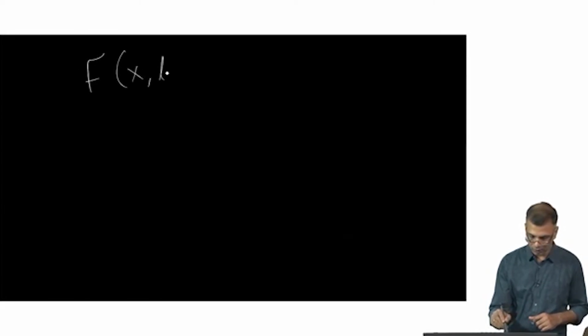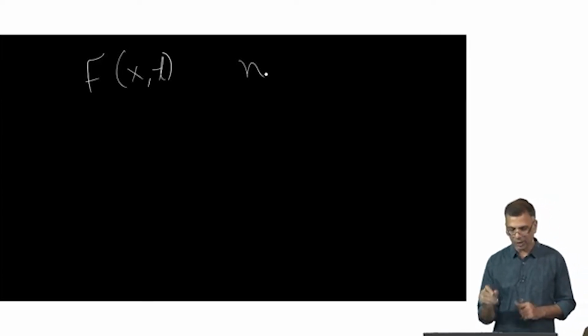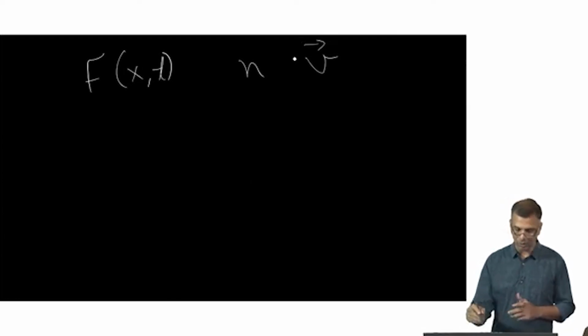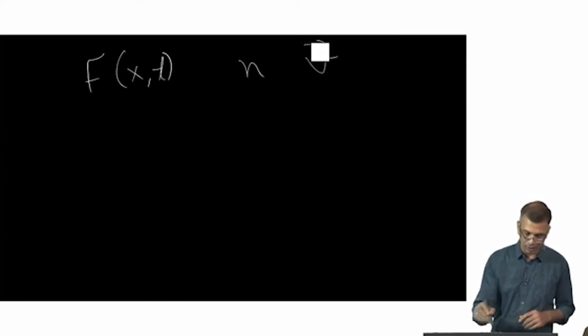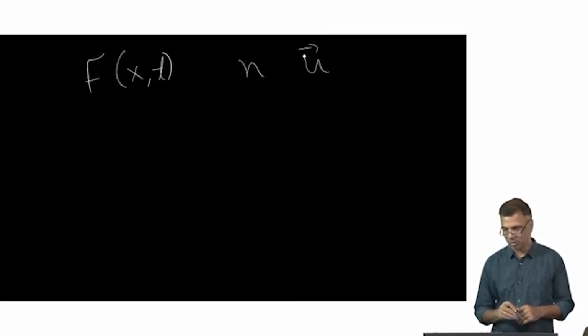So we talk in terms of some general function f of t. It could be a scalar function which represents the density, or it could be a vector function which represents the velocity of the fluid in general. In fact, I tend to represent velocity by u, so let's write it that way.